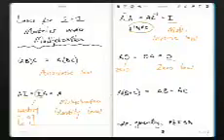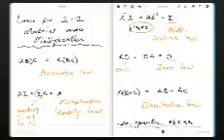Here we have the distributive law. A times (B plus C) is equal to AB plus AC. And again, very important to note that generally AB is not equal to BA.